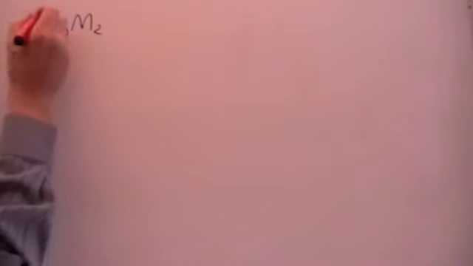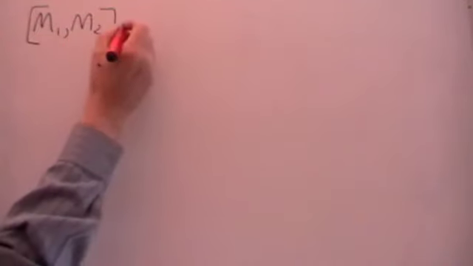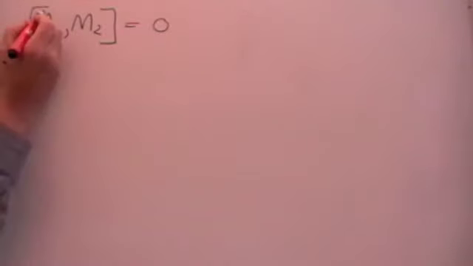Now, last time we showed that if you want to do two simultaneous measurements, which of course are represented by operators, the commutator of two measurables, those are operators, must equal 0 if you are going to measure them both at the same time.